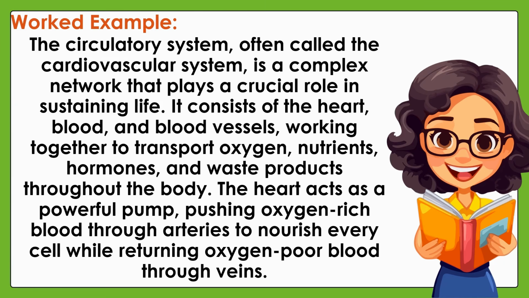It consists of the heart, blood, and blood vessels, working together to transport oxygen, nutrients, hormones, and waste products throughout the body. The heart acts as a powerful pump, pushing oxygen-rich blood through arteries to nourish every cell while returning oxygen-poor blood through veins.